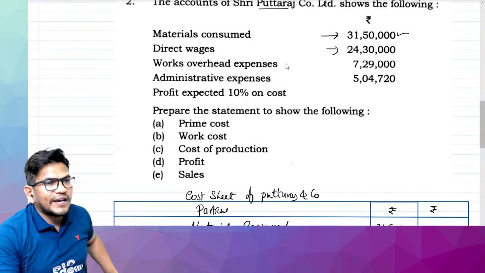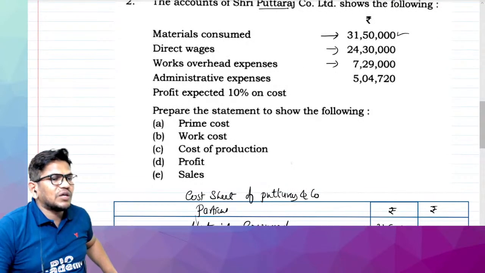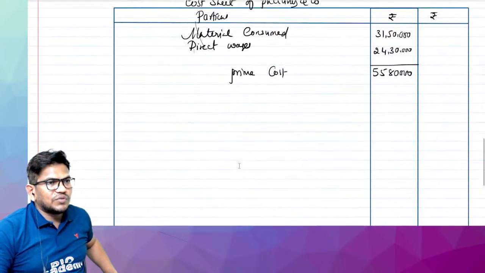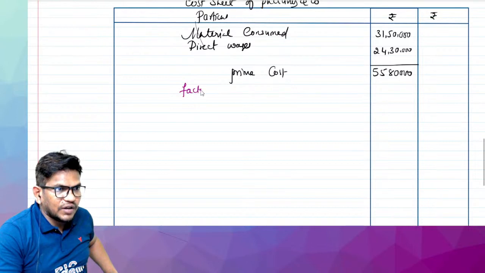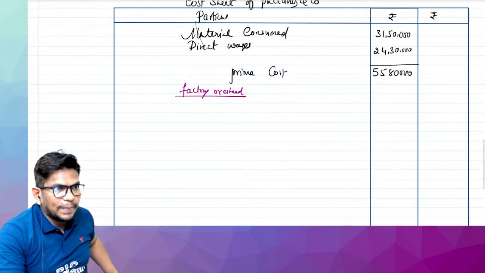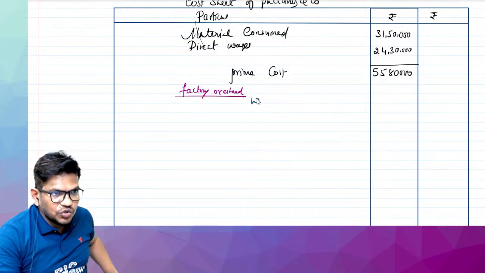Works overhead expenses 7,29,000. So let's solve this. Works overhead expenses, write down here. You can say factory overhead.